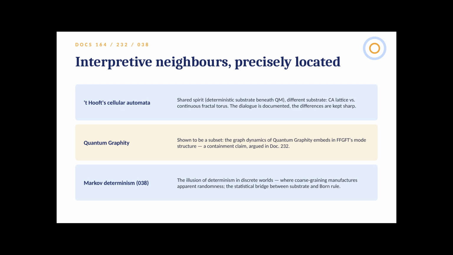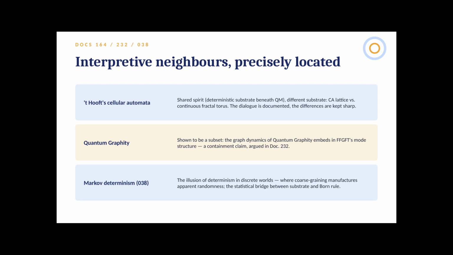among other interpretations? 2 neighbours are worth naming precisely. The cellular automaton interpretation shares the spirit, a deterministic substrate underneath quantum mechanics. But the substrate is different. It uses a discrete cellular automaton lattice. Ours is the continuous fractal torus.